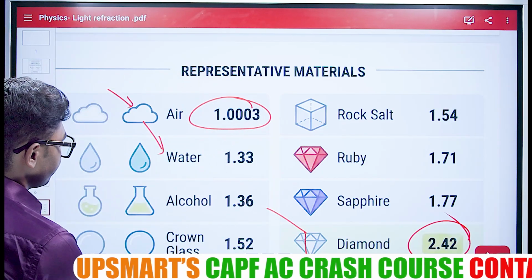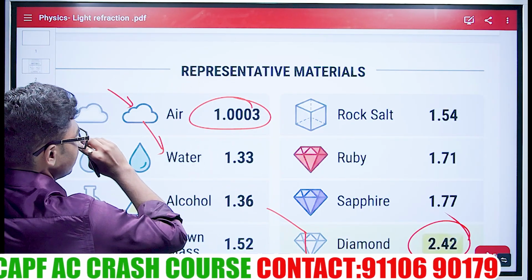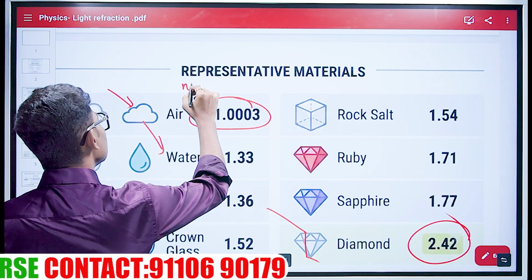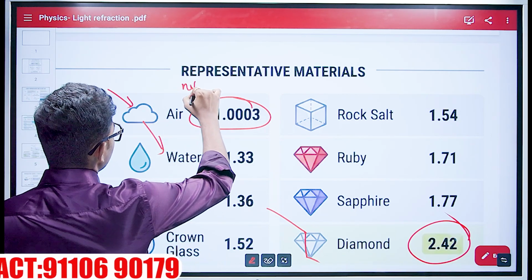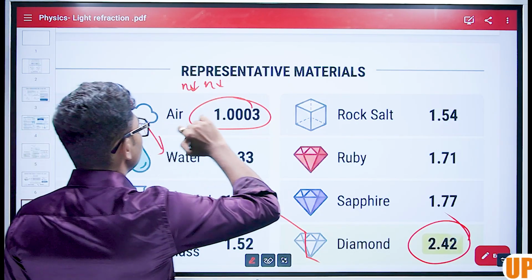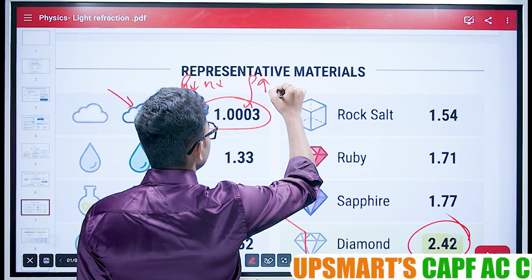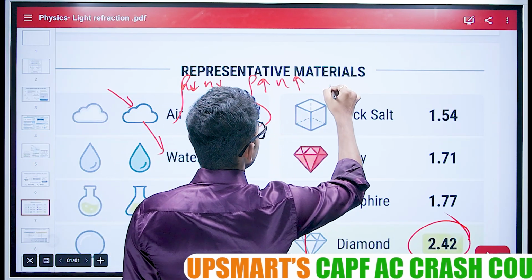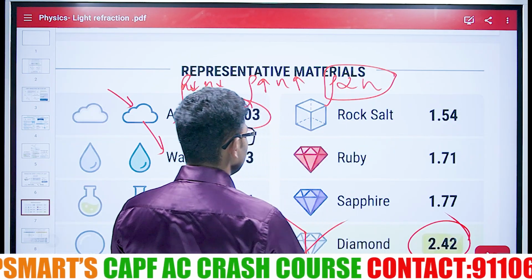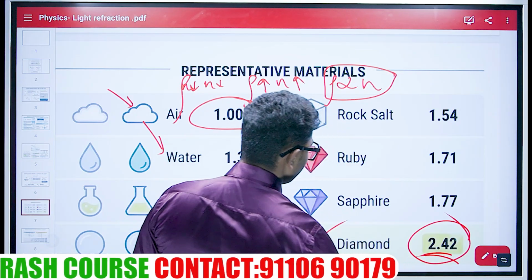That is, air is a very less dense medium, so obviously when the density of the material decreases, the refractive index also decreases. When the density of the material increases, the refractive index also increases. So density is directly proportional to the refractive index. Diamond has a high density, so it has a high refractive index, that is 2.42.